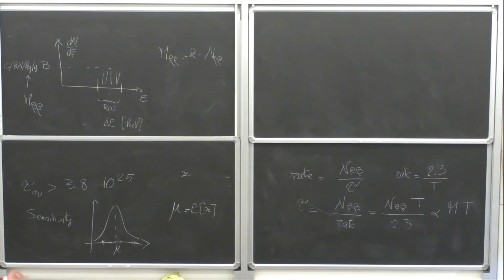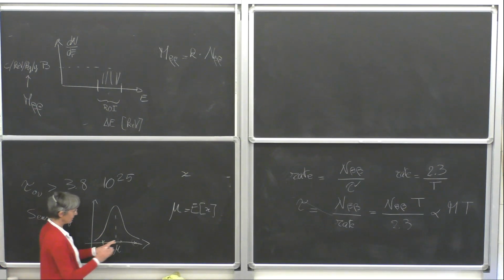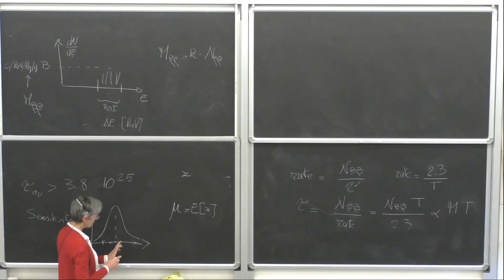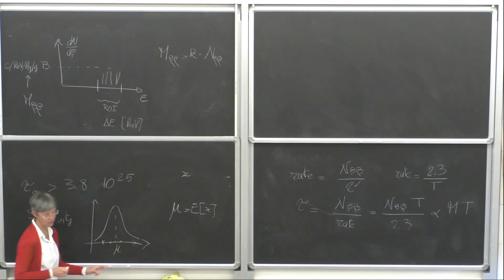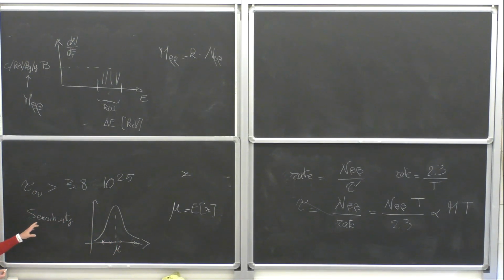However, if the sensitivity tells you that probably it is a statistical fluctuation, of course, the sensitivity is an approximate evaluation of your expectation, because it is based on a simplified model.